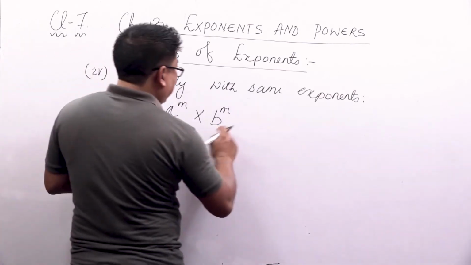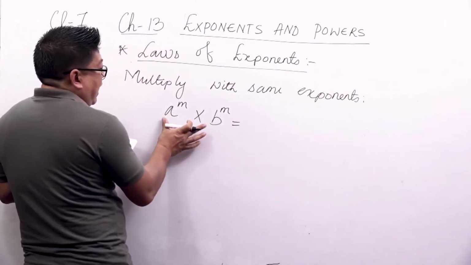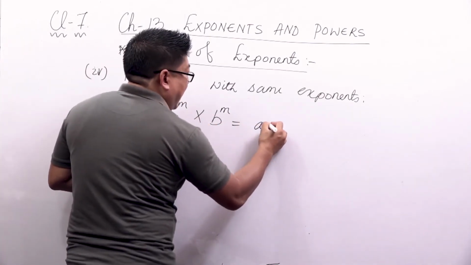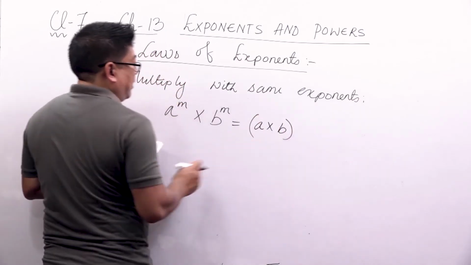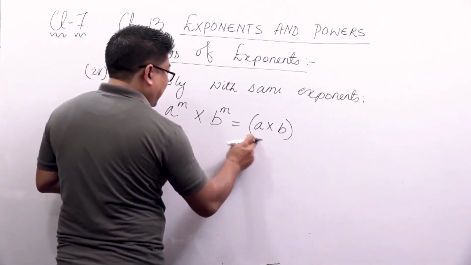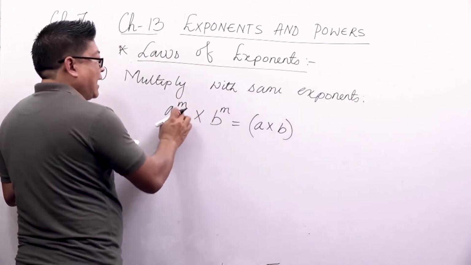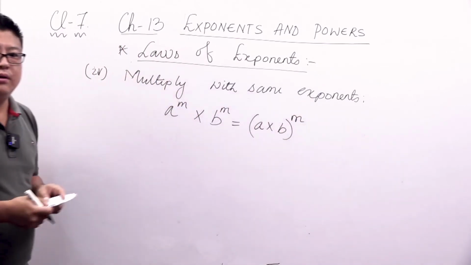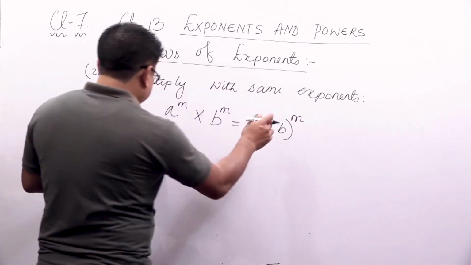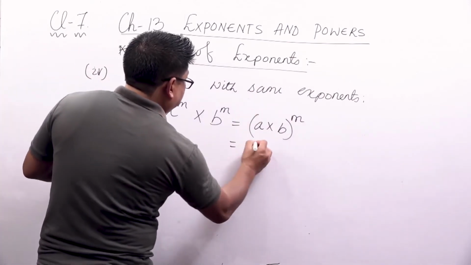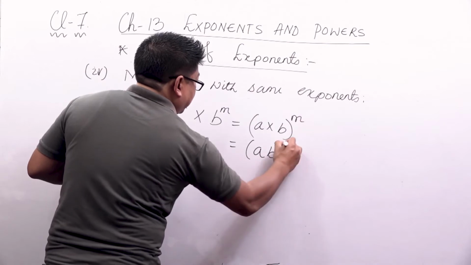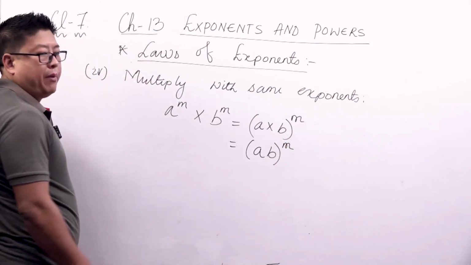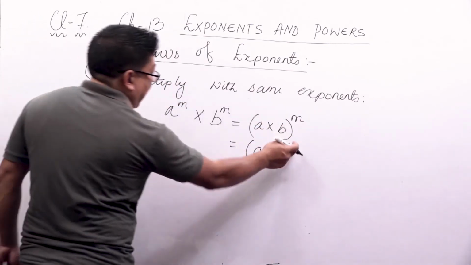Now if you see this, a and b you will take common, a into b you will take common, and inside, and the power or the exponent m both are same, so I will take common. So this can be done like this. In short, it can be written like this: ab whole to the power m.